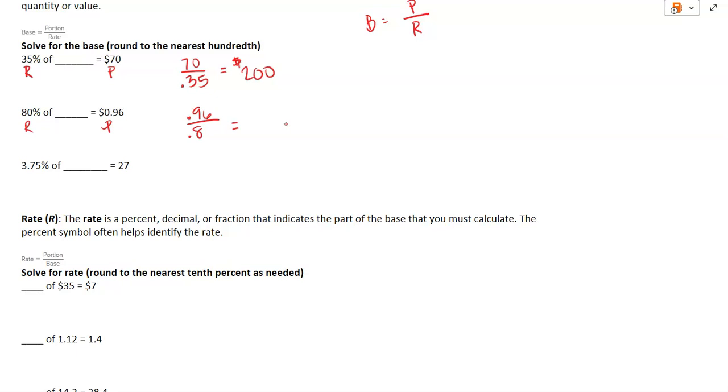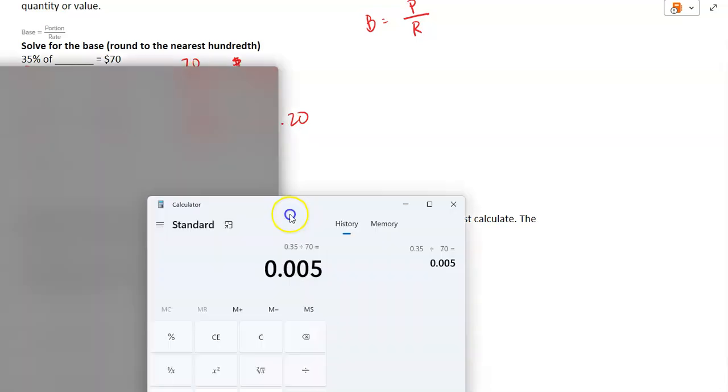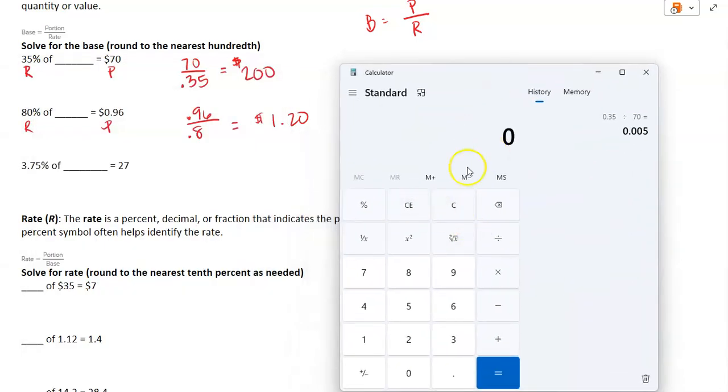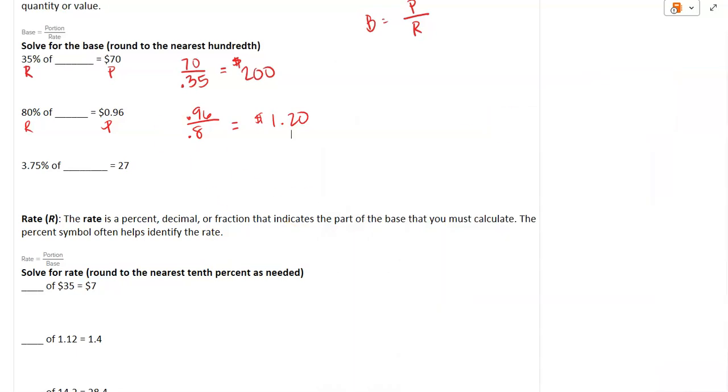Now that I have my formula, I can do my calculations. And remember, I'm rounding everything to the nearest 100th if I have any decimals. And this one happens to be $1.20. I'll just verify this on my calculator: 0.96 divided by 0.8 is 1.2.